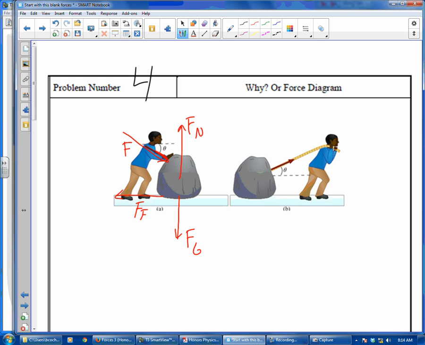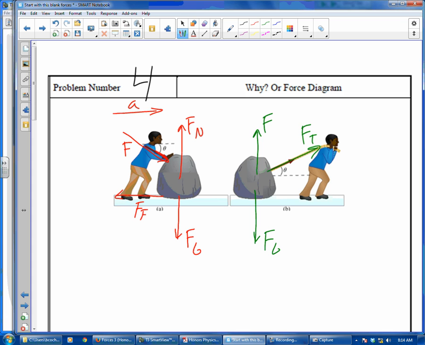And I would also have on here an acceleration in that direction, because I think it tells me he's starting from rest. And then over on this side, I'm going to have my force due to tension. Again, I'll solve the same weight.